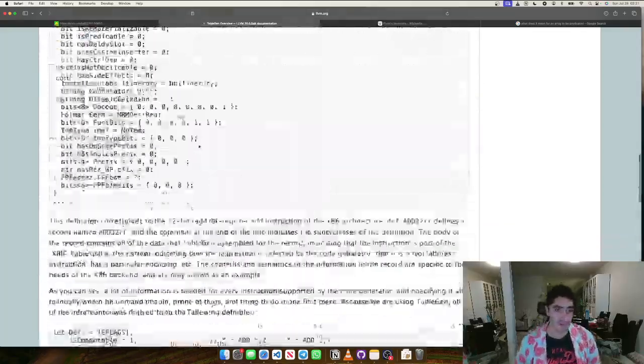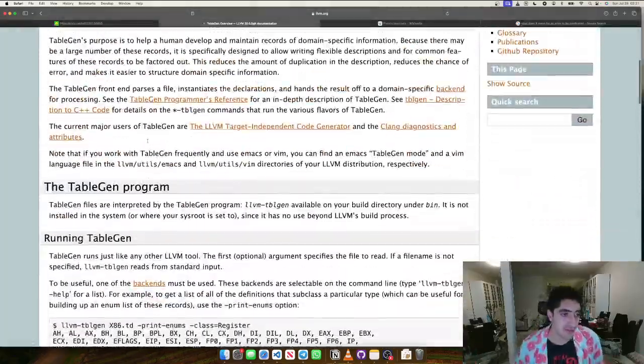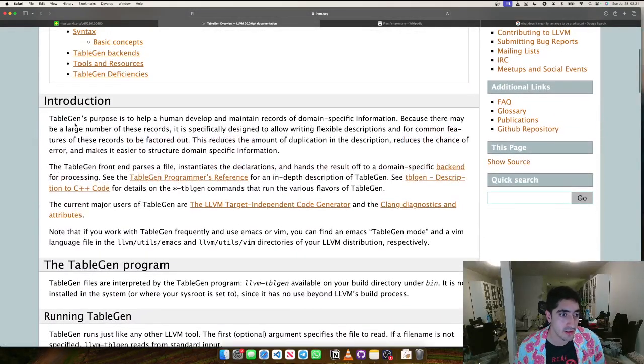Alright, so let's just have the introduction of this. TableGen's purpose is to help a human developer maintain records of domain-specific information because there may be a large number of these records. It is specifically designed to allow writing flexible descriptions and for common features of these records to be factored out. This reduces the amount of duplication in the description, reduces the chance of error, and makes it easier to structure domain-specific information.